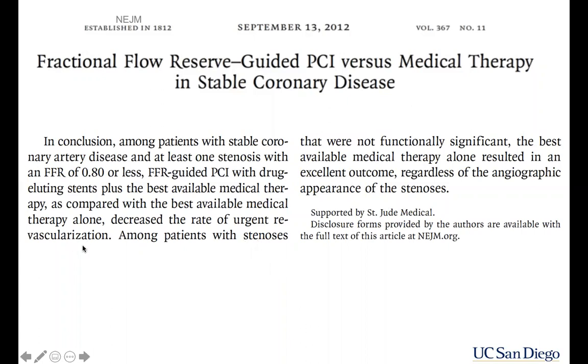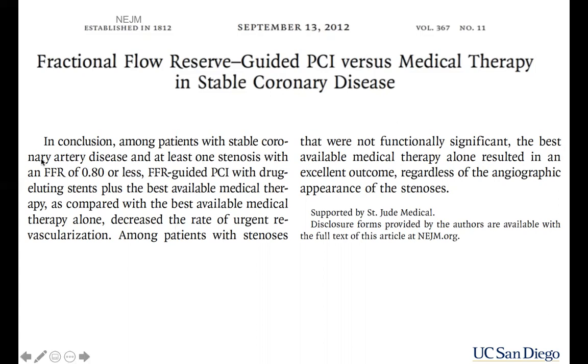So these people did not show up back at the hospital with a STEMI. The people who received the best available medical therapy came back to the hospital at a higher rate than those that received the stents. Therefore, if you make this measurement and it is below 0.8, you should put a stent in if you want that patient to be in that lower risk group.